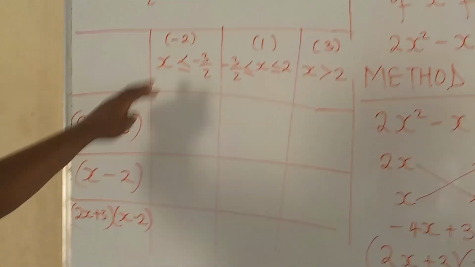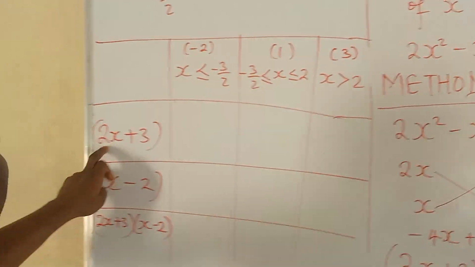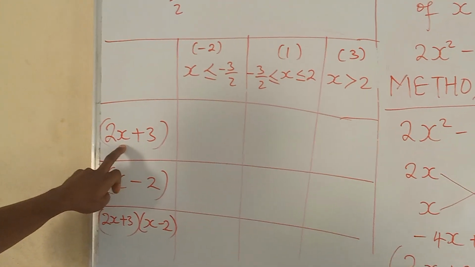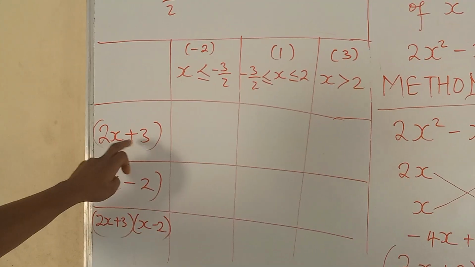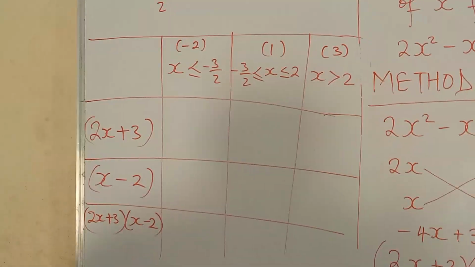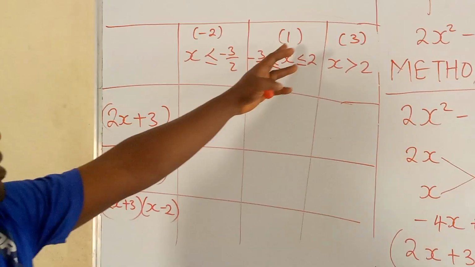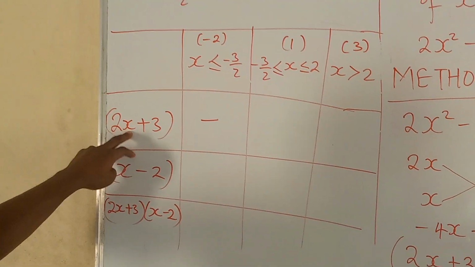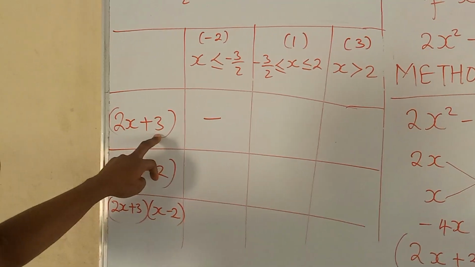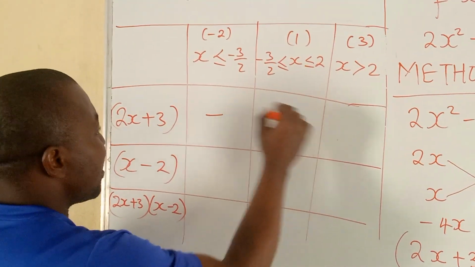So let's see. If x is minus 2, this place will be 2 times minus 2, which is minus 4. And minus 4 plus 3 is negative 1, a negative number, so negative sign. If x is 1, 2 times 1, that is 2. 2 plus 3, that is 5, a positive answer.